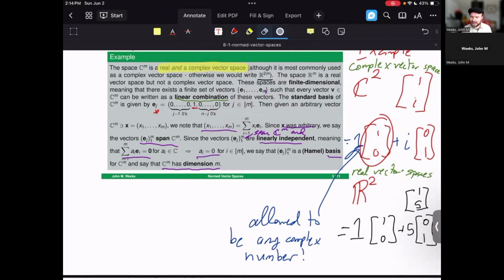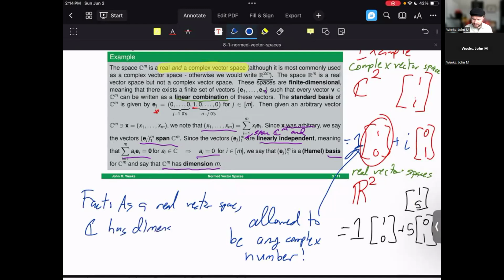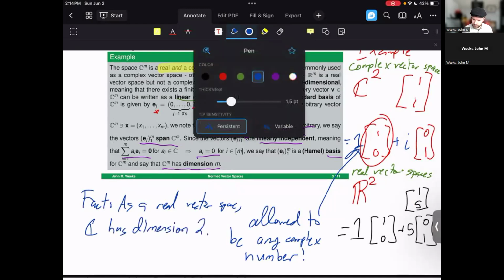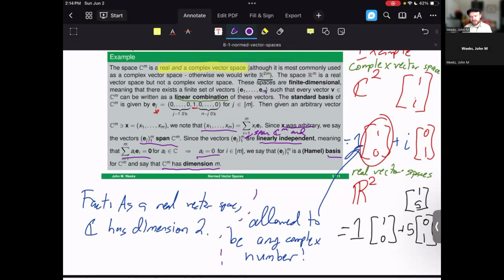But you might have noticed that I made a little interesting distinction here, which is the fact that as a real vector space, the complex numbers has dimension 2. So considering complex numbers like C2, typically whenever I'm not specifying anything, I'll think of it as a complex vector space, as that type of structure typically fits.